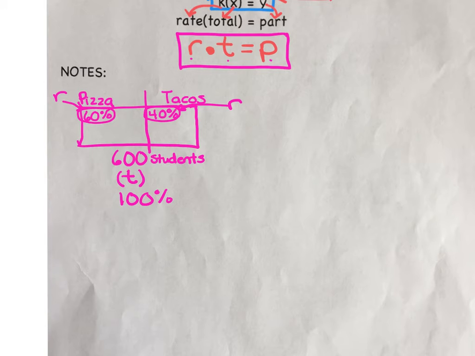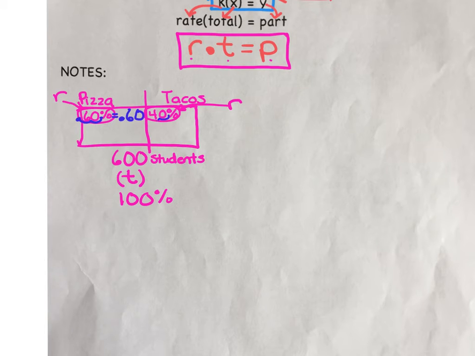We can convert each of these rates to a decimal. If we move the decimal point 2 places on 60%, we get a decimal rate of 0.60. And for tacos, 40% is the rate.